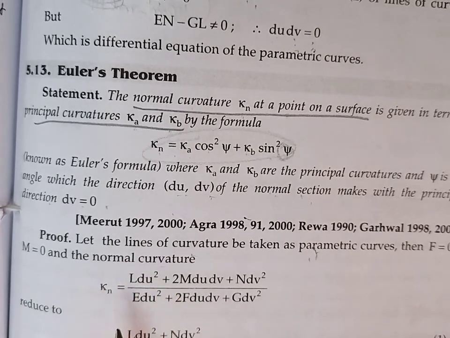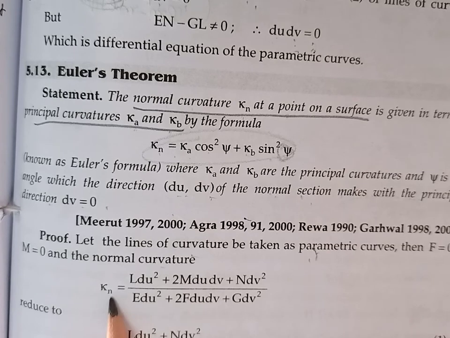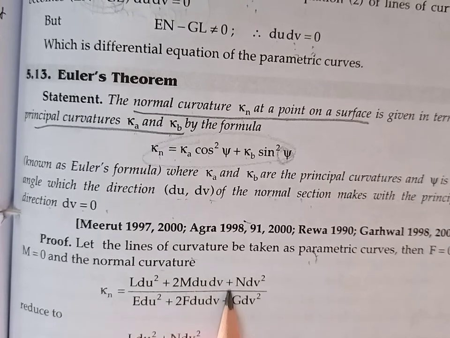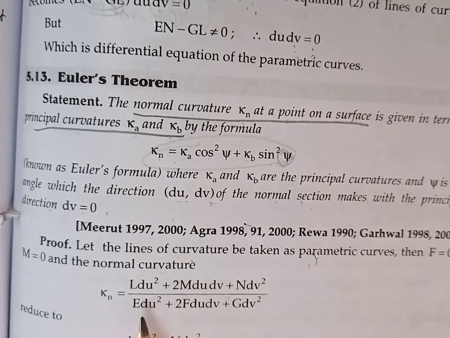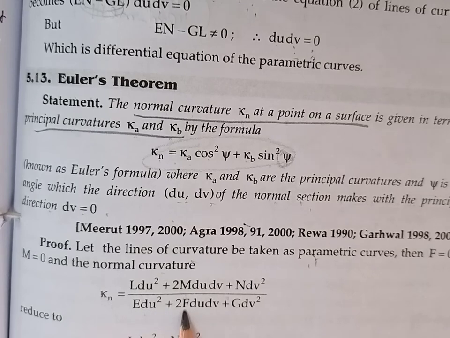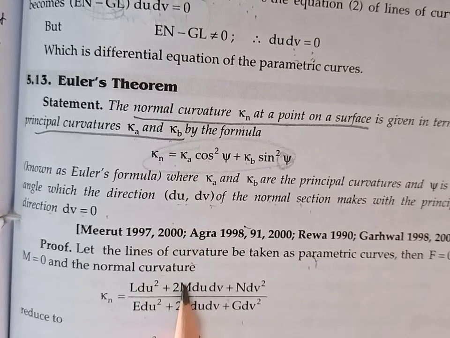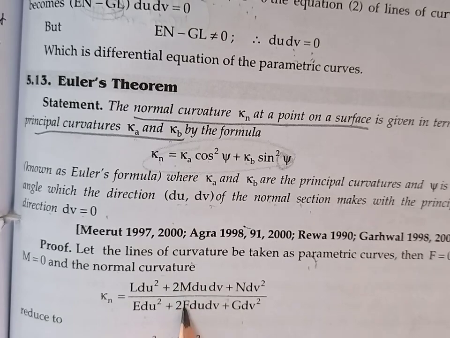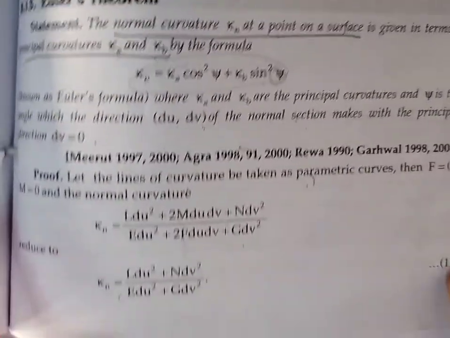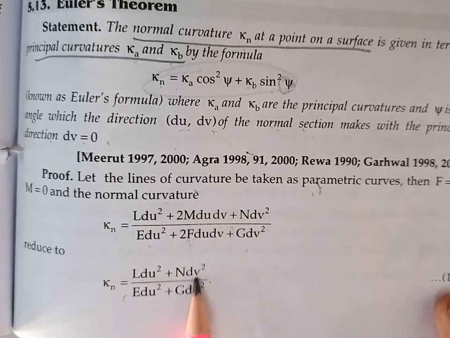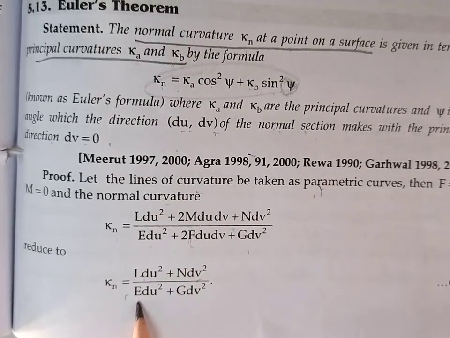Normal curvature at any point on a surface is denoted by κn, and it is given by (L du² + 2M du dv + N dv²) divided by (E du² + 2F du dv + G dv²). Now because F and M are 0, substituting their values, we get κn = (L du² + N dv²) / (E du² + G dv²).